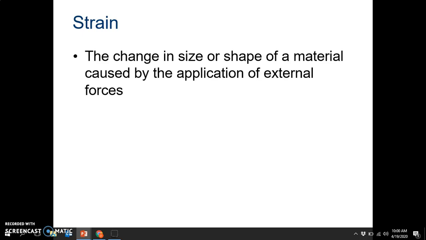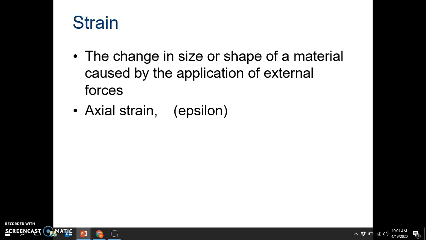So strain is when the member has a change in size. So it is the change in size or shape of a material caused by an external force. You are applying a force to an object, and because of that force, you are making the object stretch. That's what strain is. Strain is a measurement of how much an object stretches from an applied load.